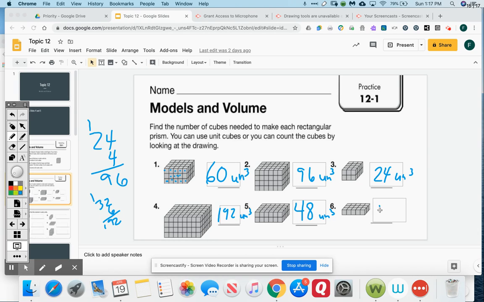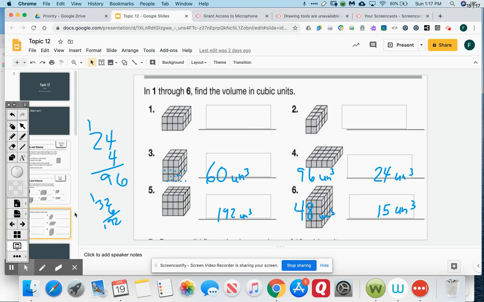And we get 15 units cubed. Okay. So now we're going to go to the next page. I'm going to clear my ink off this one. Or erase it. Here we go.